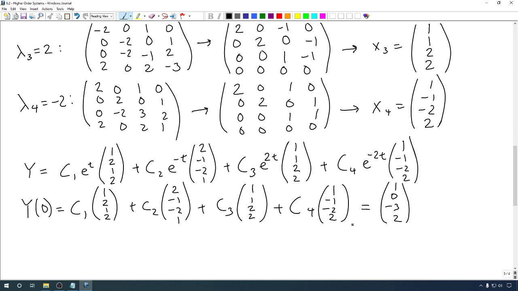This is a linear system, and we'll go ahead and actually set this up as an augmented matrix. Alright, so we end up with this thing. The augmented part of 1, 0, -3, 2.